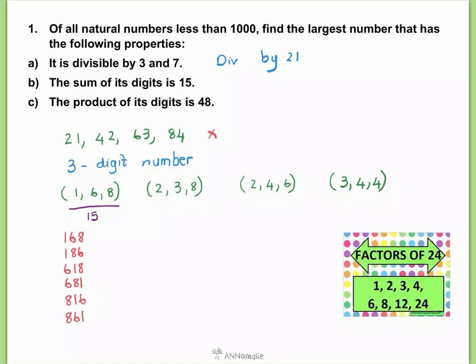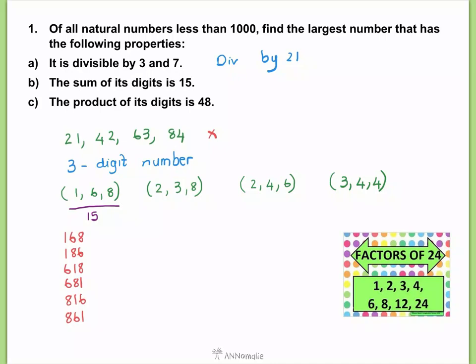861. Now there is a trick to find out whether a number is divisible by 7, but the trick is more work than actually just quickly taking the numbers and dividing them by 7. We know that all these numbers are definitely divisible by 3, because the sum of the digits is 15. But what about 7?